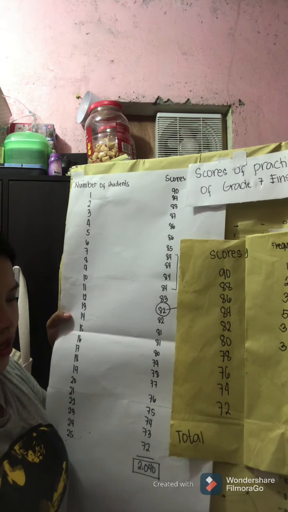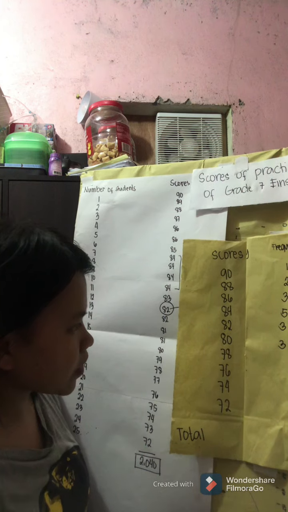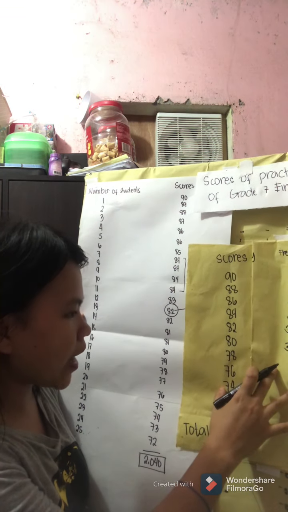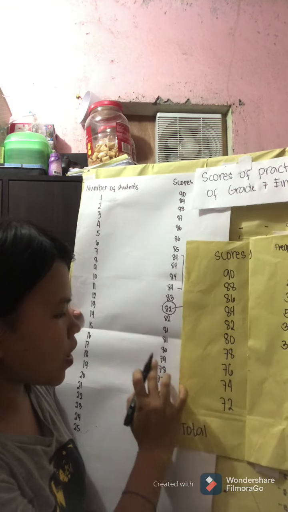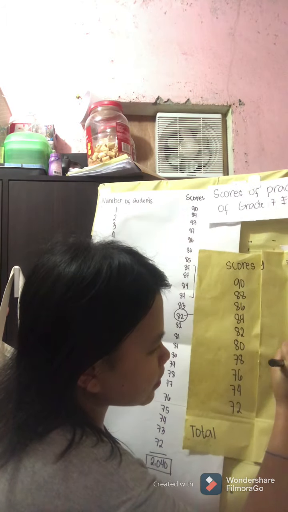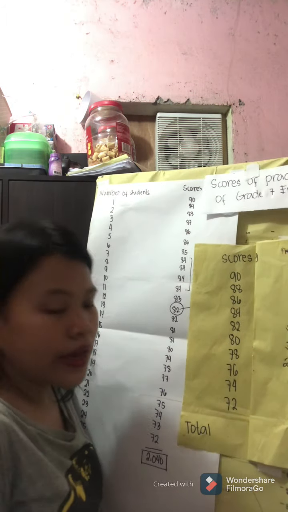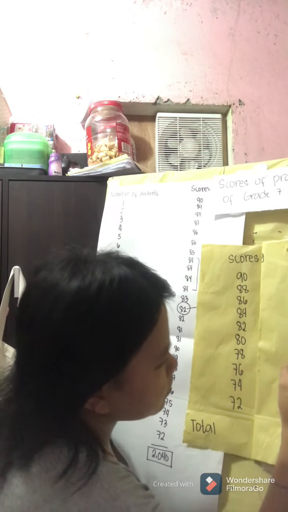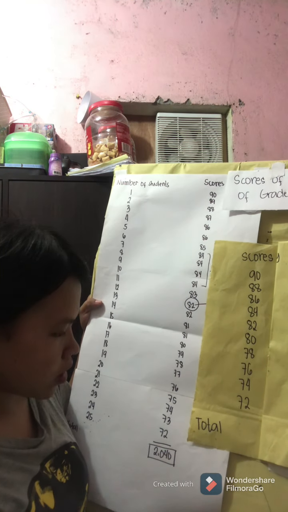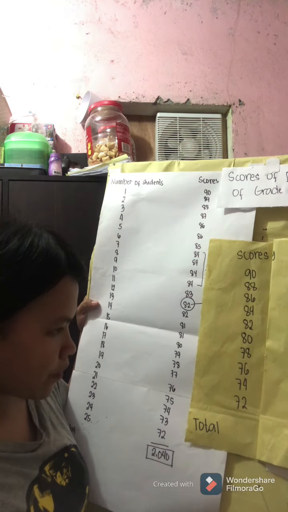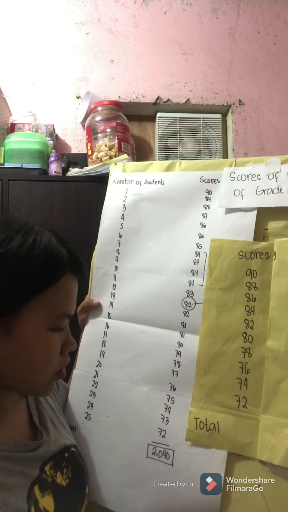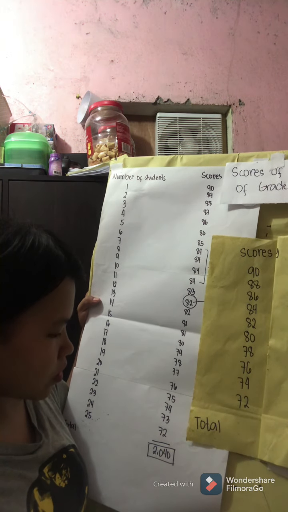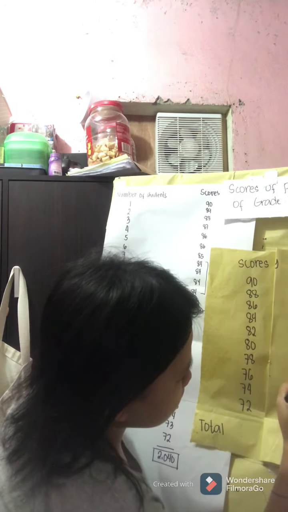In 78 to 79, we have 2 students. In our 76 to 77, we also have 2 students. In our 74 to 75, we also have 2 students.